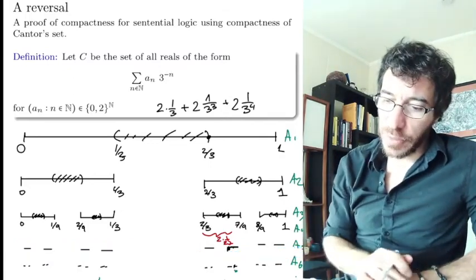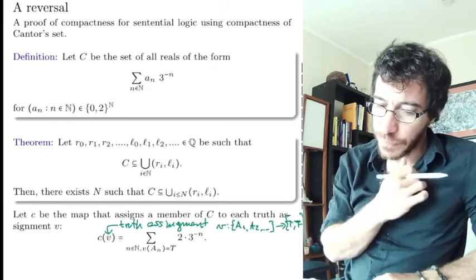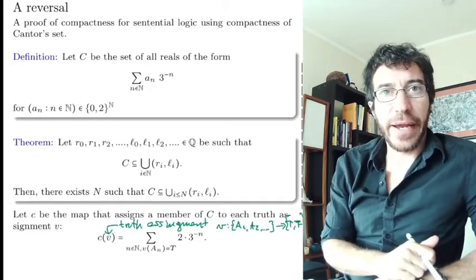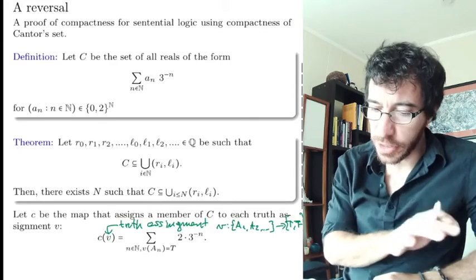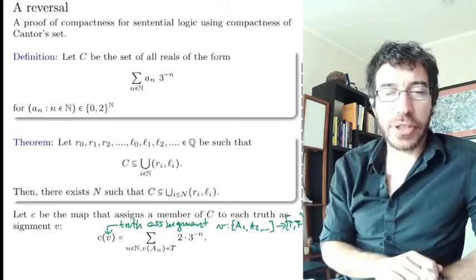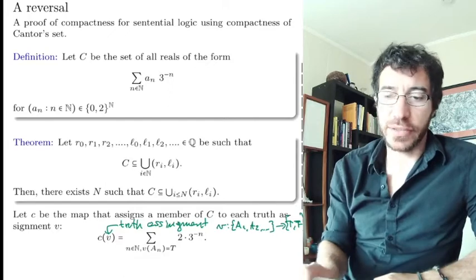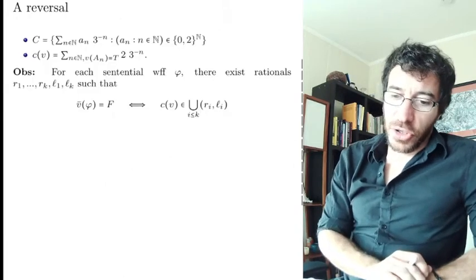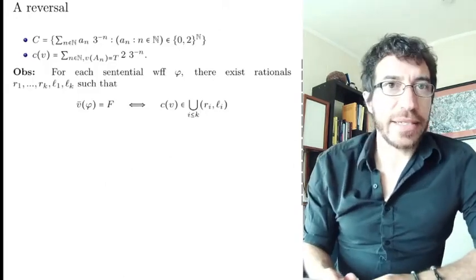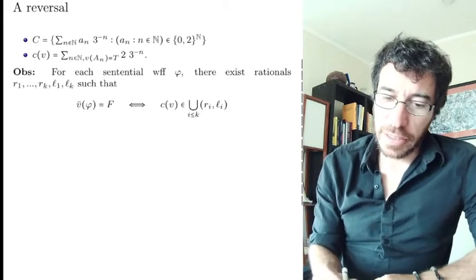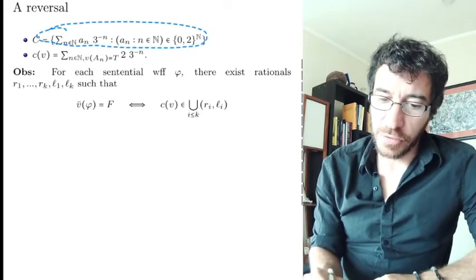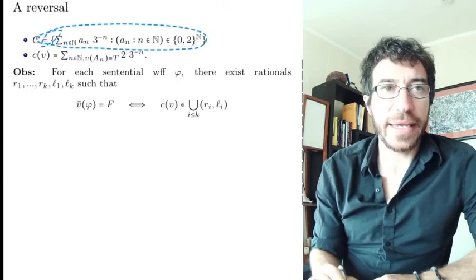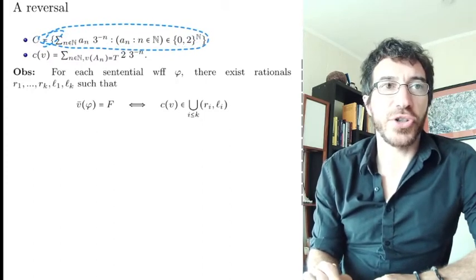Okay, so now we have our map that assigns truth assignments to points. Each truth assignment gets assigned a point in Cantor space and vice versa. Okay, so here is just a copy of what we know so far. The definition of Cantor set is all the points of this form where a sub n is either 0 or 2.